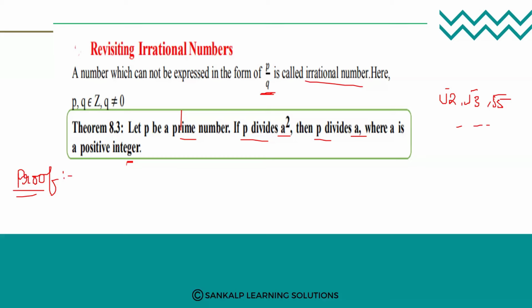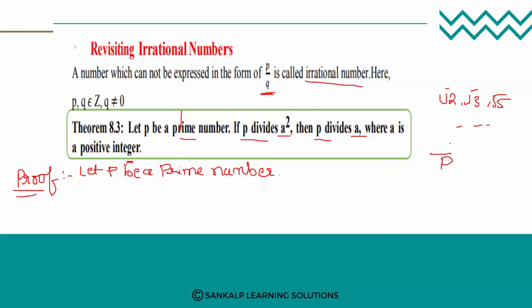Here, they are saying let P be a prime number. If P divides A square, then P divides A. How do we remember this?